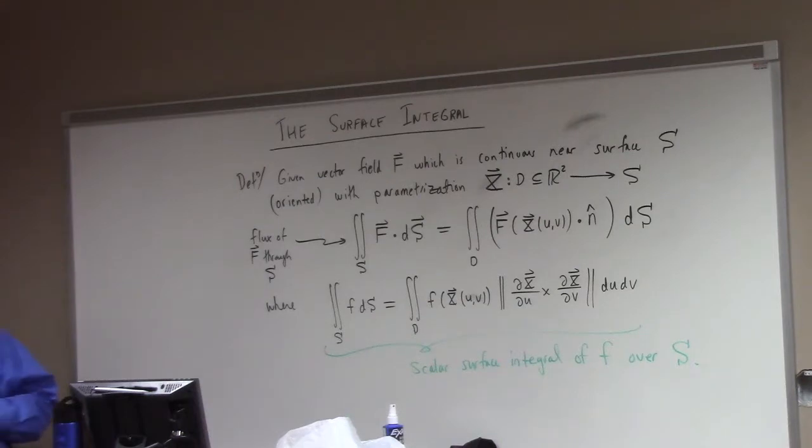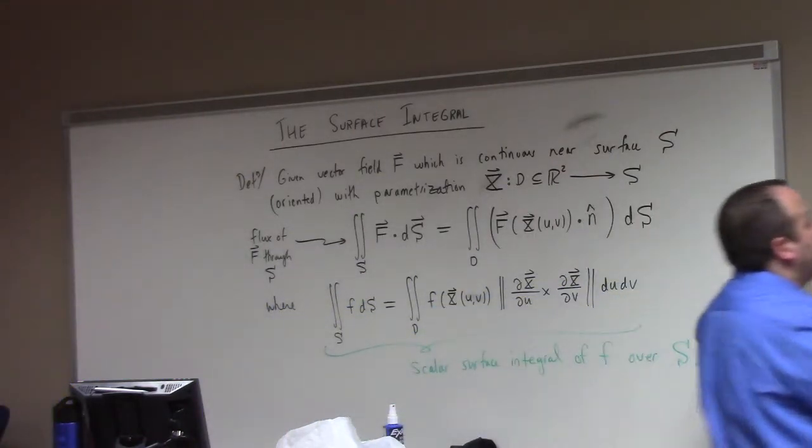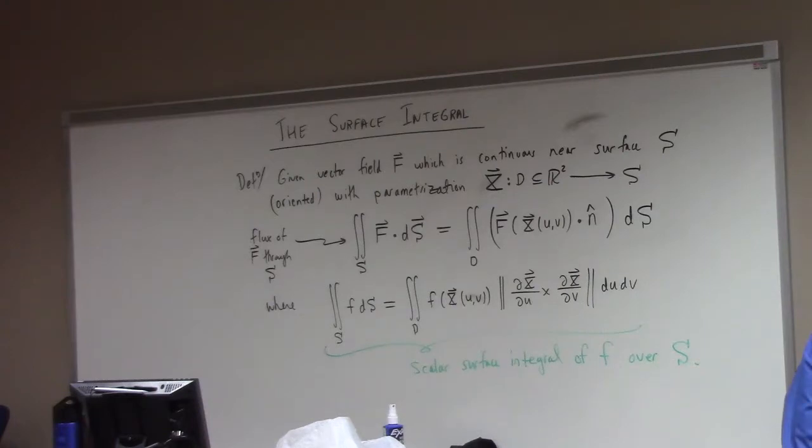So the latter thing I just underlined in green, can you tell me what it would mean? A very important example of this. What would it mean if I, for example, put the function equal to 1? What would we be integrating there? If I'm integrating over the surface of 1 times dS, that would be the integral over the domain of the parameterization of the length of partial X, partial u cross partial X, partial v, du dv.